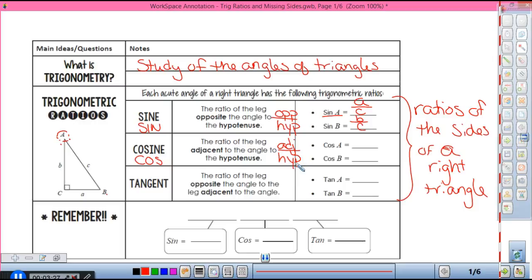So if we're in the parking lot, and I say, I parked adjacent to you today, what does that mean? Yeah, that I parked next to. So when we're talking about the adjacent side, we're talking about the leg that is next to that angle. So if I'm talking A, the adjacent side is the leg that's hooked onto A. So in this case, it's B over hypotenuse C.